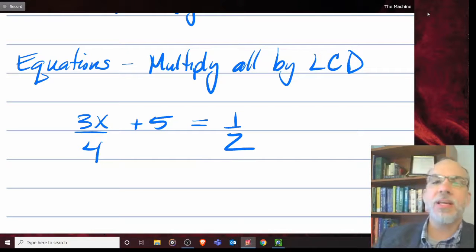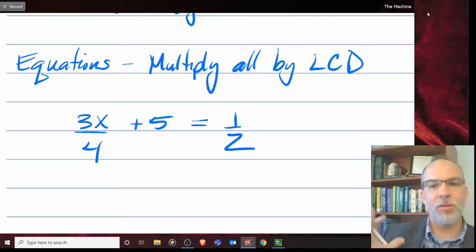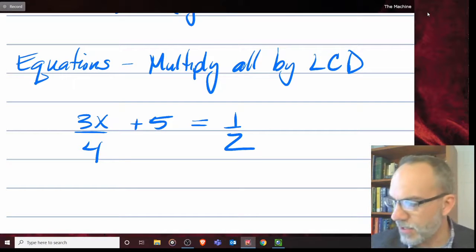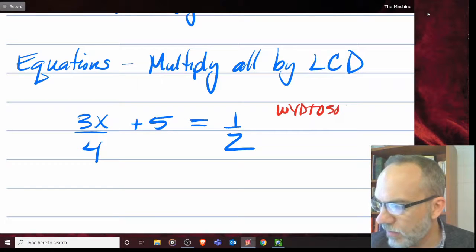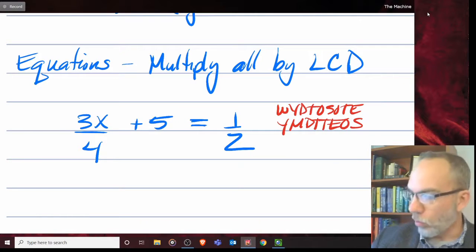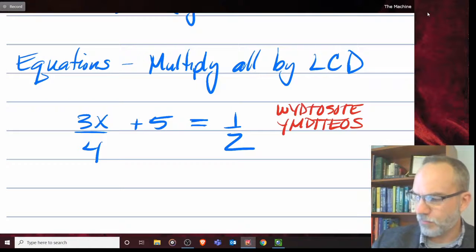I could get a common denominator of everything and do the math, but I don't have to because of this equal sign right here. Remember the rule of equations: whatever you do to one side of the equation, you must do to the entire other side.